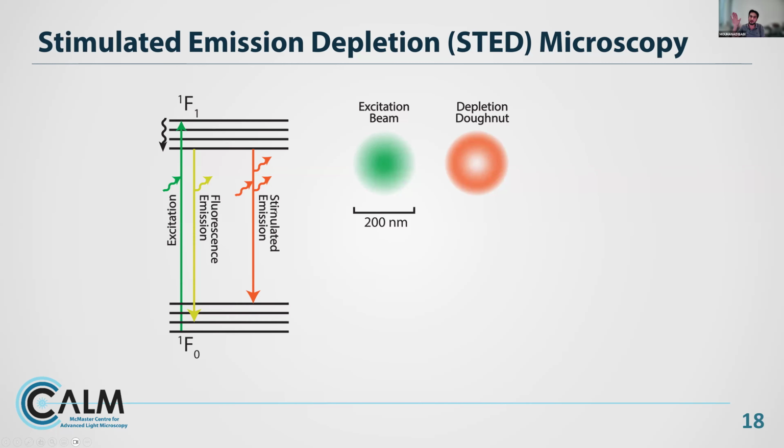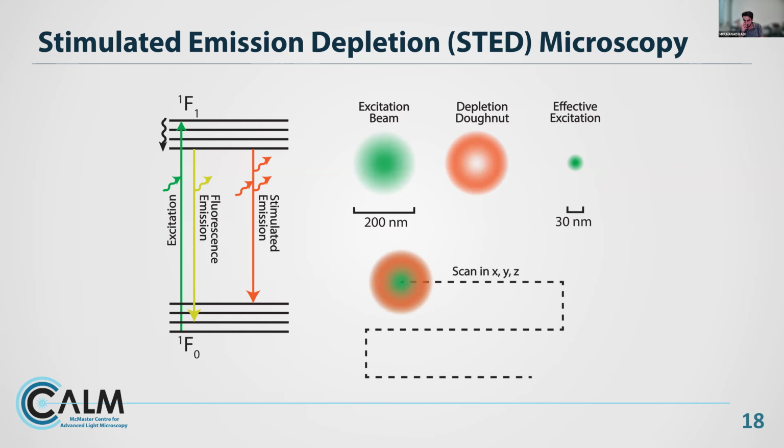And so if you overlay the donut with the excitation beam, only molecules within the center of the donut that are not being depleted actually emit light. And if you combine these two illumination patterns together, you go from a 200 nanometer emission volume down to a 30 nanometer emission volume. And that's essentially the resolution limit of this microscope. And you can use it just like you would with a confocal microscope, but typically you have to choose specific dyes that can be depleted properly by the donut.